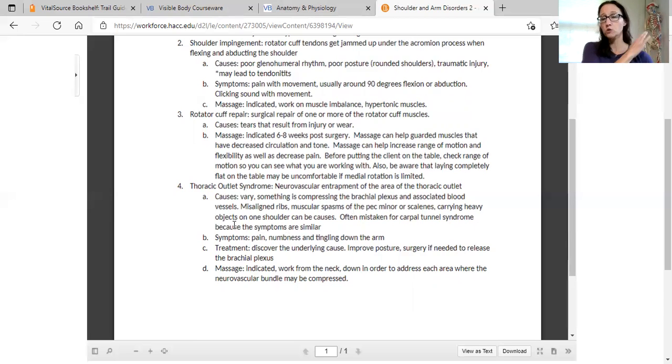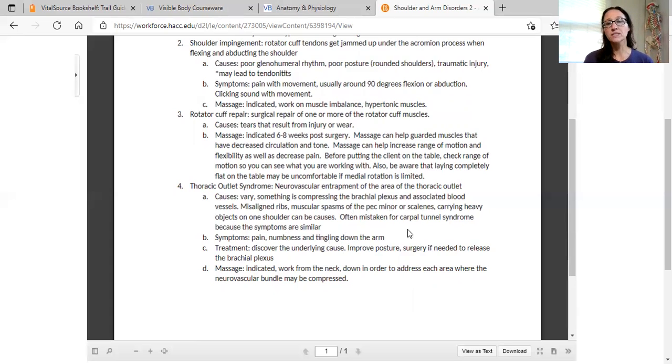Heavy objects on one shoulder, like actually having a heavy book bag on one shoulder all the time, can cause thoracic outlet syndrome and put pressure on that neurovascular bundle. Or even being very large chested and wearing bras that cut into your shoulder can cause thoracic outlet syndrome.